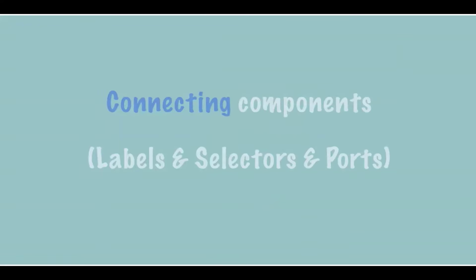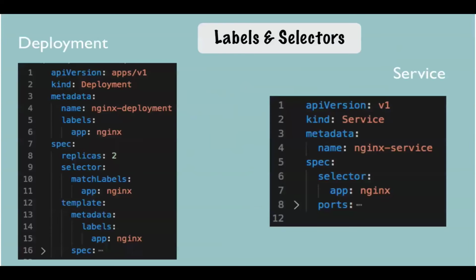So connecting components: label, we have seen label. Selectors, we have seen the selector. The label of selector gets matched with the label of container and the label of pod. When both match together, then only it goes forward. And the port we will see in the service one. So labels and selector you will find over here for the match purpose.